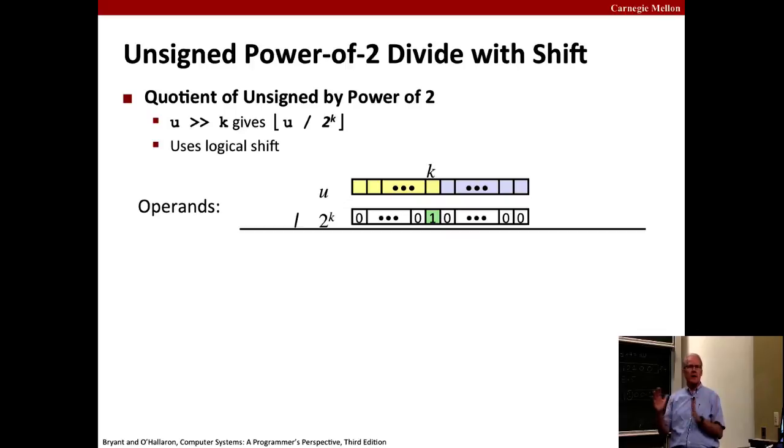For unsigned, it has to be a logical shift. Signed numbers, the C standard says there's no fixed definition. The reality is on most machines, just about every machine out there, when it's a signed number, it's 2's complement, and when you do a shift, it will be an arithmetic shift.